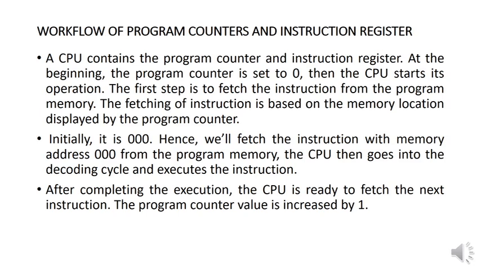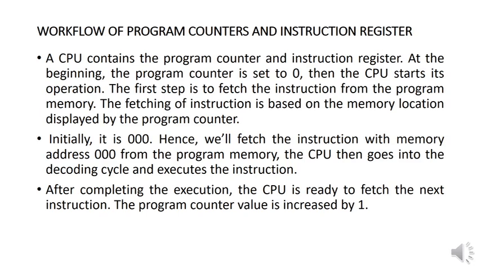Initially, it is 000. Hence, we will fetch the instruction with memory address 000 from the program memory. The CPU then goes into the decoding cycle and executes the instruction.